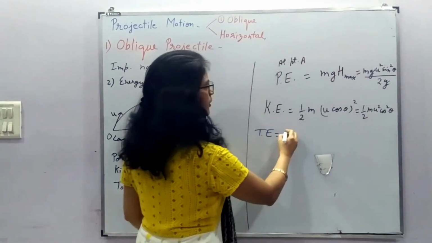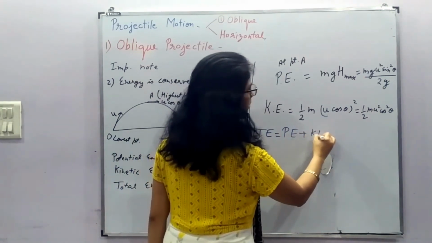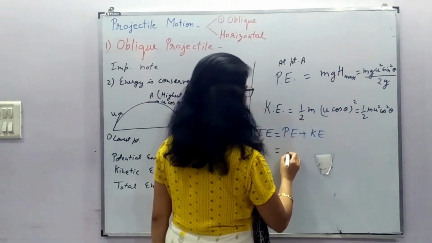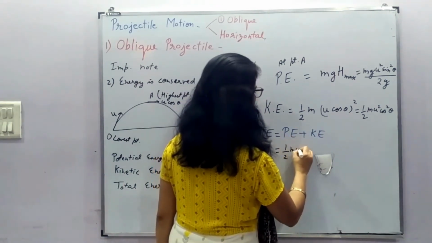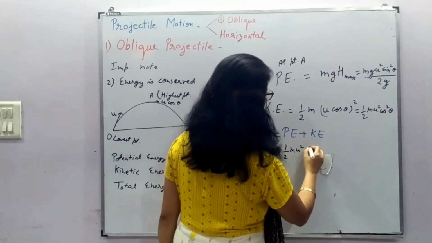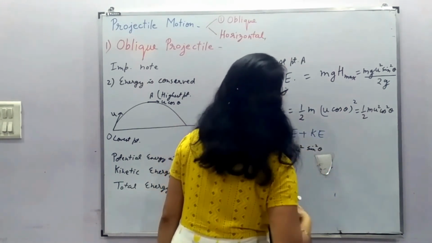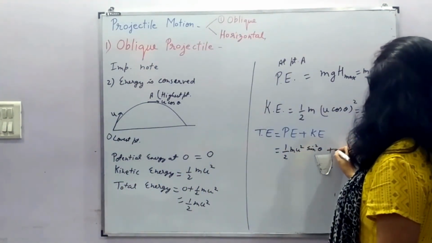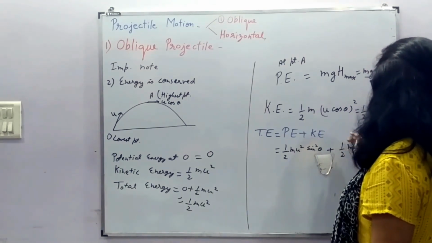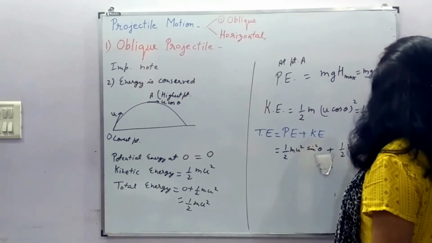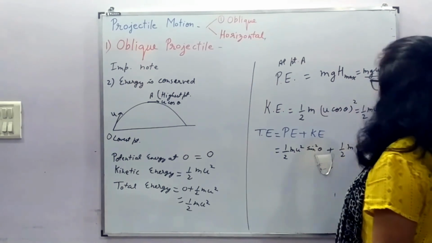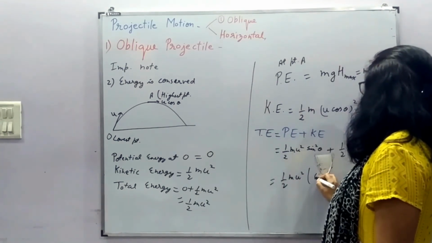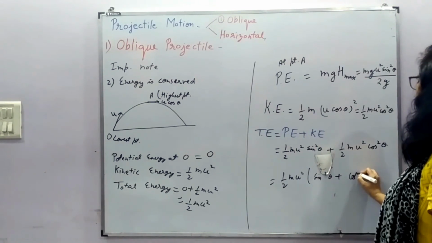Total energy is the sum of potential energy plus kinetic energy. How will you do that? Just a little bit of trigonometry. So this is half m u square sine square theta plus half m u square cos square theta. I can take this half m u square common, inside the bracket sin square theta plus cos square theta.